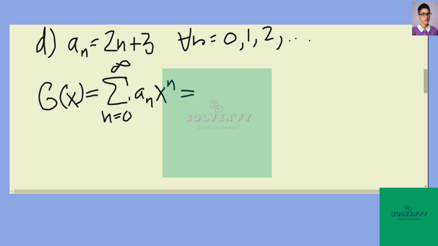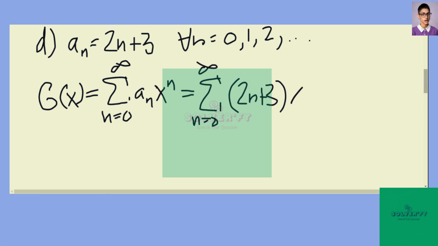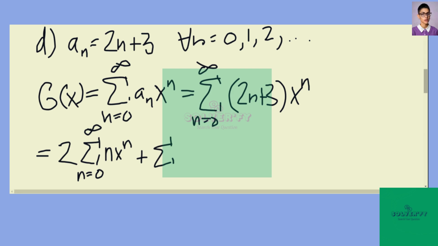And by substitution, this is equal to the sum from n equals 0 to infinity of (2n plus 3) x to the n. And we can rewrite this sum as 2 times the sum from n equals 0 to infinity of n x to the n plus 3 times the sum from n equals 0 to infinity of x to the n.